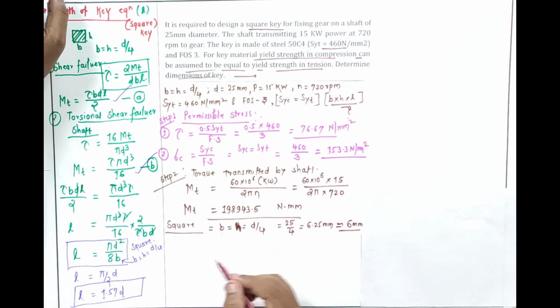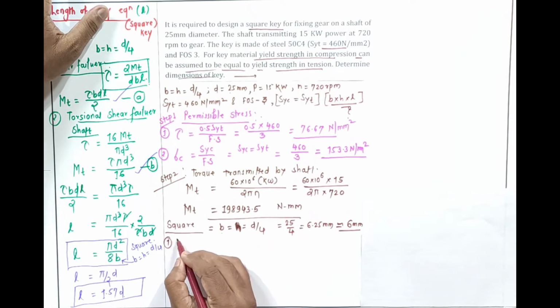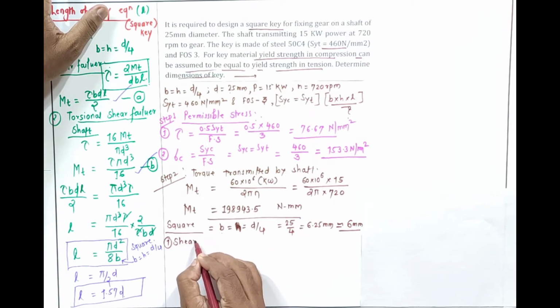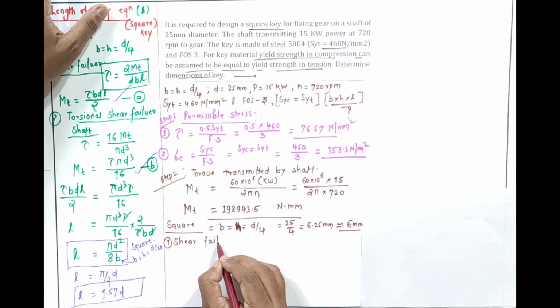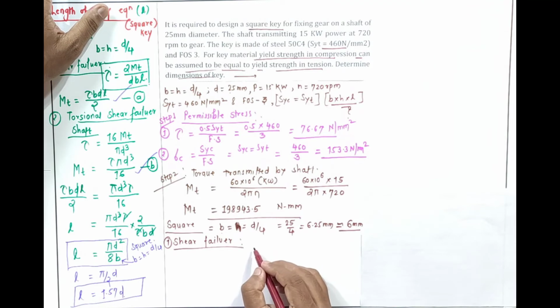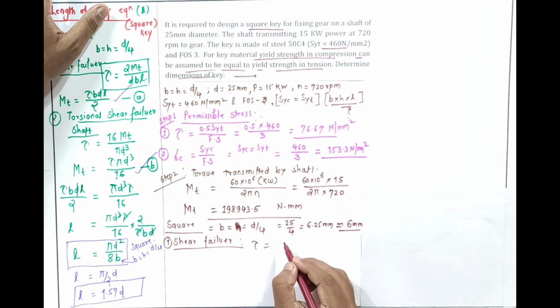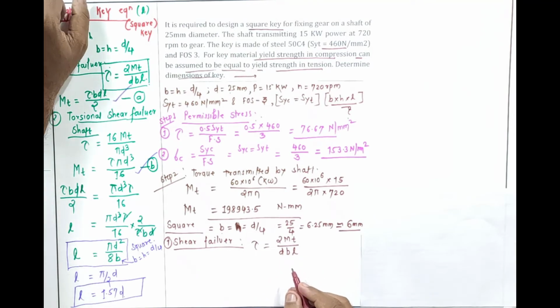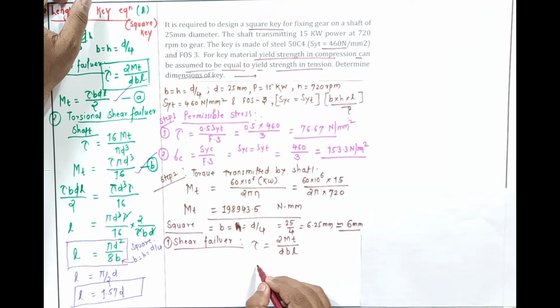First of all, I'll consider shear failure. According to shear failure, we know tau is equal to 2 mt by dBl. This will be the equation. Here I can write L is equal to 2 mt by dB tau.